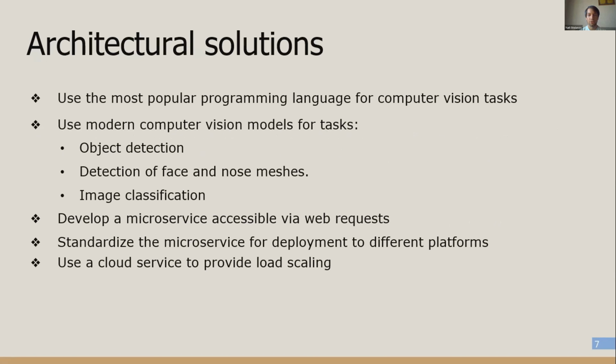For architectural solutions, we used the most popular programming language for computer vision tasks, that's Python, and used modern computer vision models for tasks of object detection, detection of face and nose meshes, and image classification. We developed a microservice accessible via web requests, standardized the microservice for deployment to different platforms, and used a cloud service to provide load scaling.